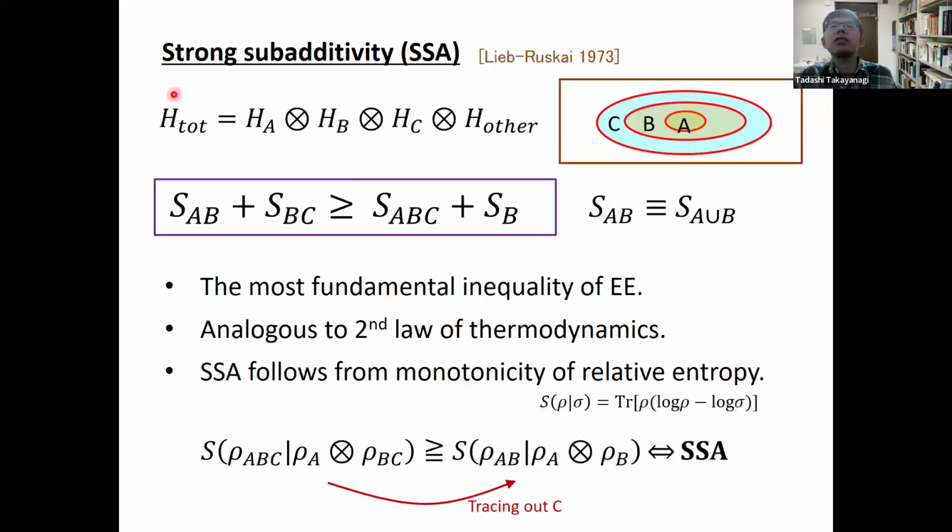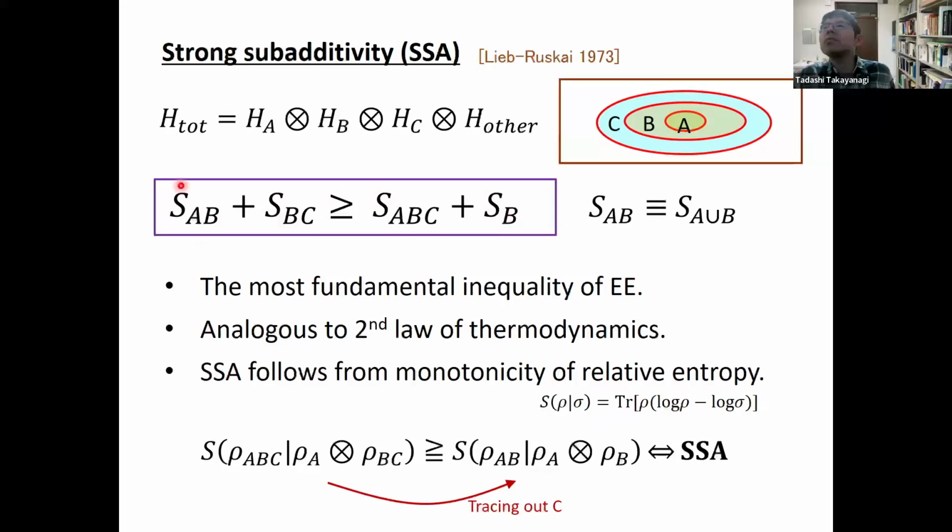Let's take a system and divide it into three parts, and maybe also others, so that there is no overlap. A, B, C, and there is no overlap at all. They compose the system this way. Then for any quantum mechanical system, this inequality is true. S_AB means A union B. So S_AB plus S_BC should be greater than or equal to S_ABC plus S_B.